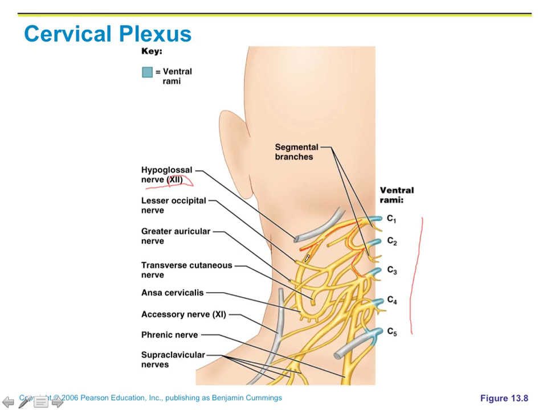This slide doesn't show these two nerves. Those two nerves innervate the muscles in our neck, and those muscles attach to the hyoid bone to elevate and protract the hyoid bone.